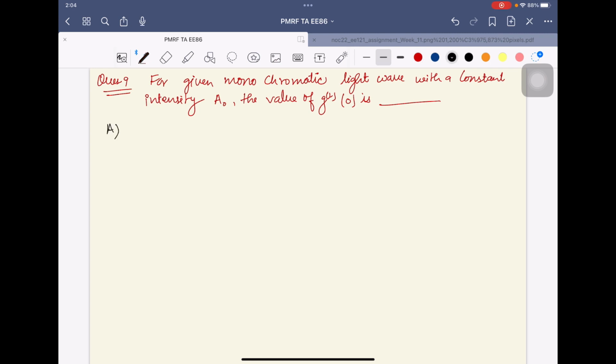Options are: A, A0 by 2; B, A0 square; C is 1; D is 2A0; and E is 0.